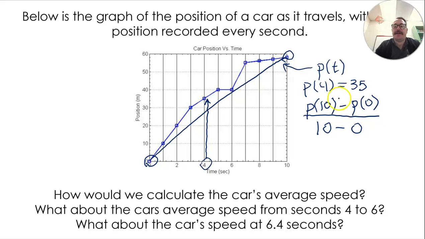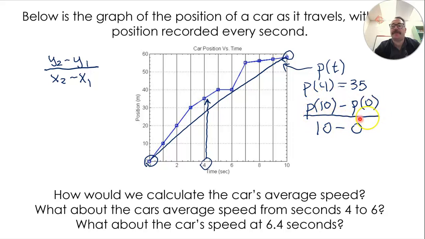This is very, very similar to another formula that we have used quite a bit in college algebra. And that formula would be just our basic formula for slope. So remember, slope is y2 minus y1 over x2 minus x1. And what are these values that we've got over here?